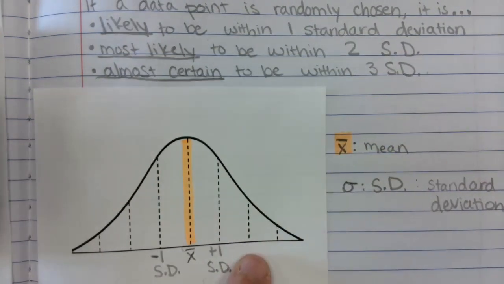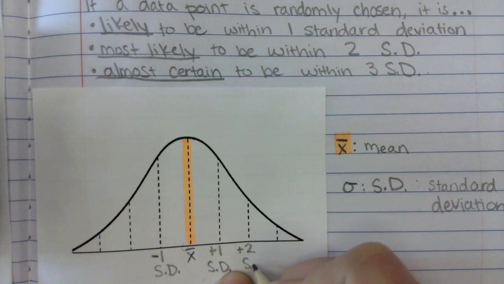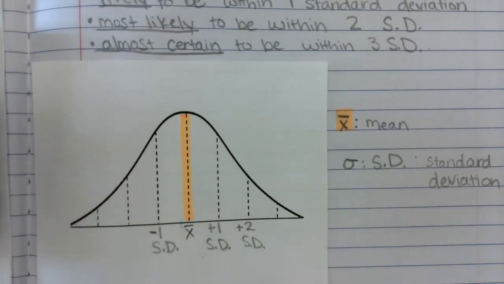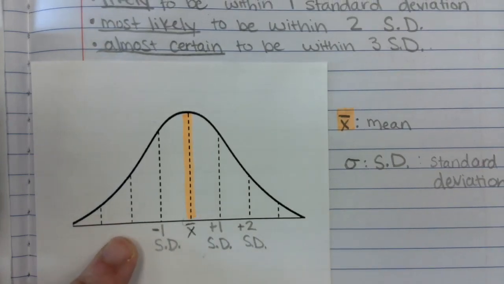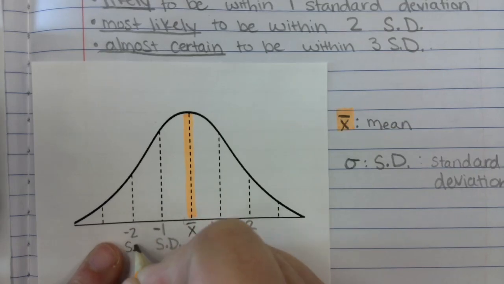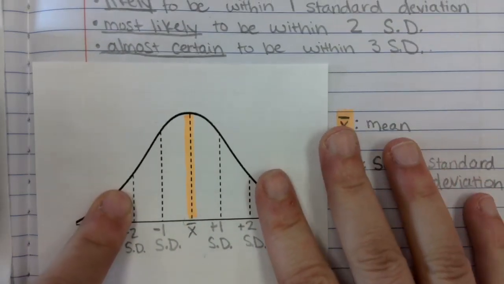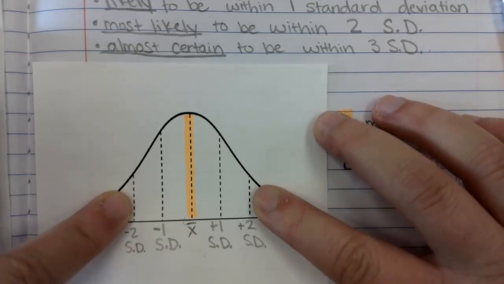Okay, so if we move out one more, this will be a +2 standard deviation. If we move down one, that would be a -2 standard deviation. Okay, and almost all of our data is within this space in a normal curve. Not quite all of it.